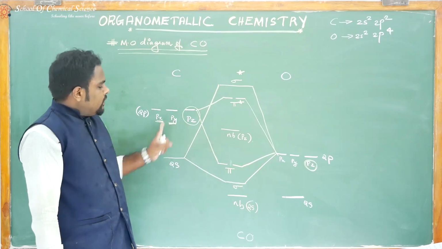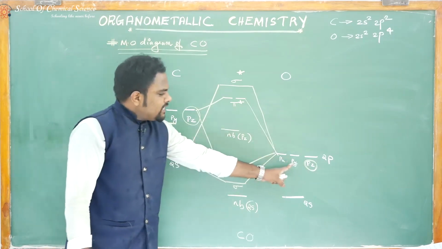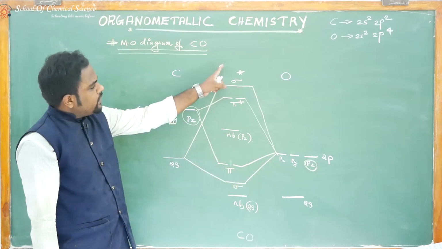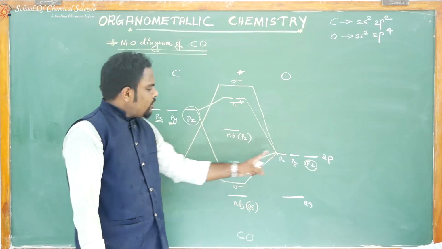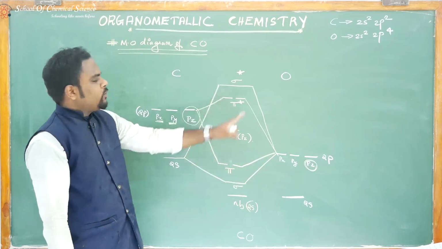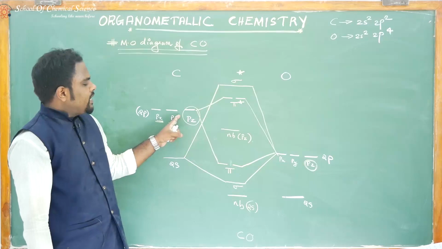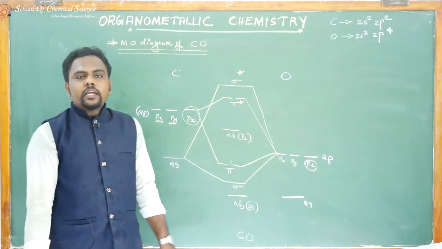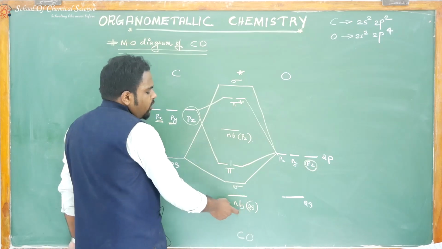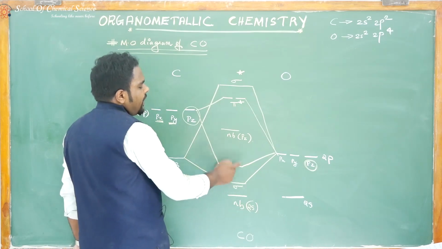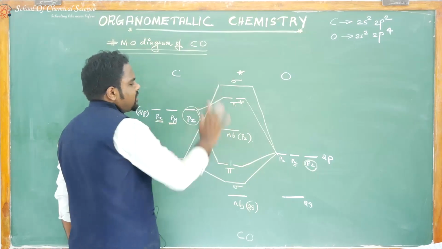Then 2s and pz combine to form a sigma and a sigma star. Px and py of carbon and px and py of oxygen combine to form two pi orbitals and two pi star orbitals. Then this pz exists as a non-bonding orbital. So this is the order: non-bonding 2s, sigma, pi, non-bonding, pi star, sigma star.